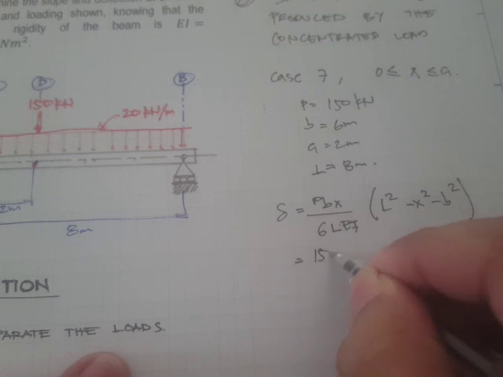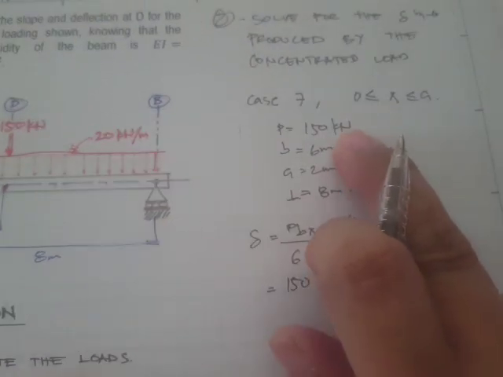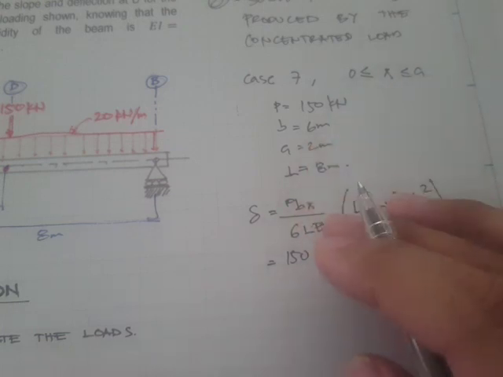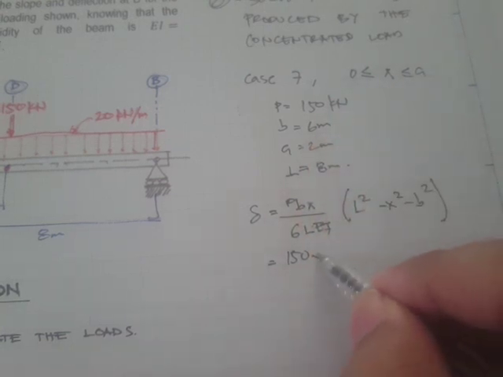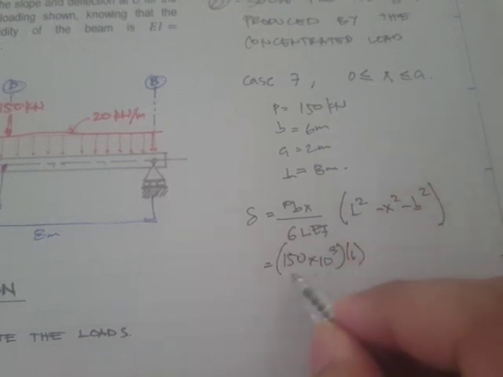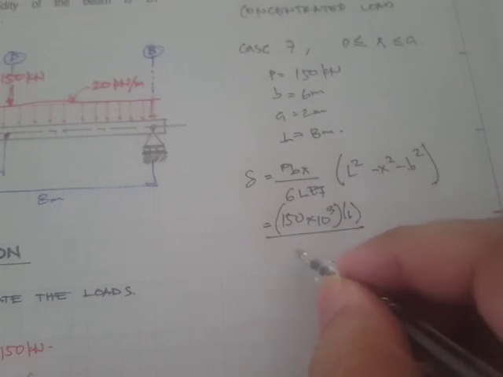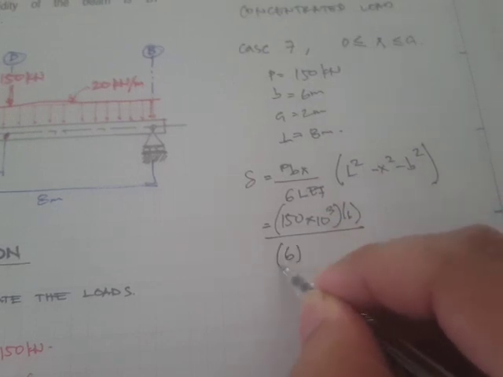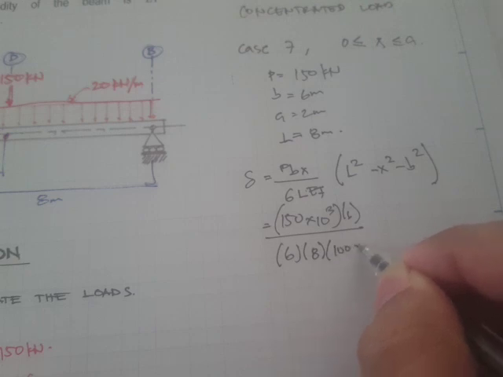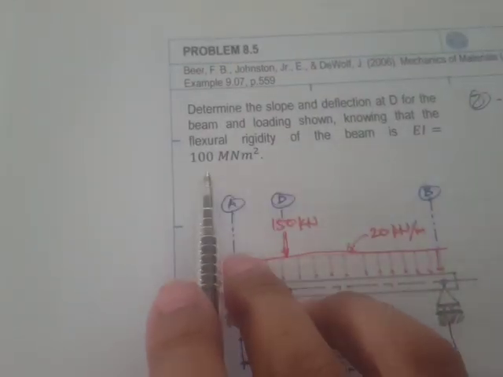This is 150 kN, but I have to convert this to newtons. All the units should be newtons and meters. So this will be 150 times 10 to the 3 times the distance b, which is 6, all over 6 times 8 times EI of 100 times 10 to the 6, because this one is given as 100 meganewtons.